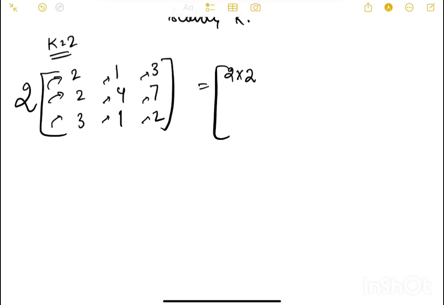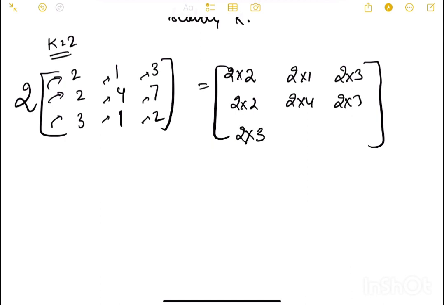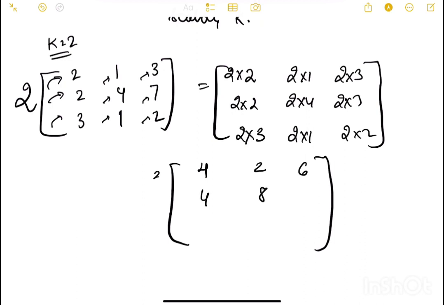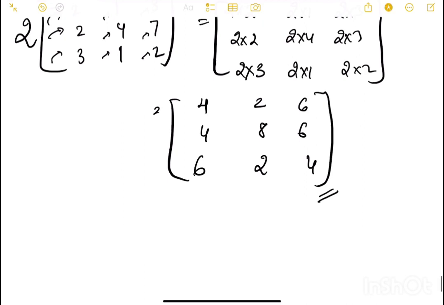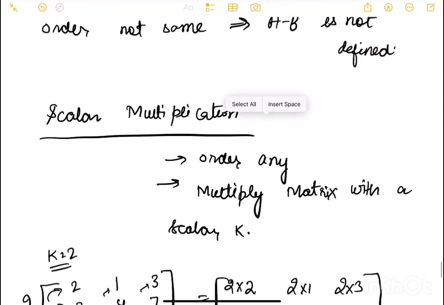That will be 2 cross 2, 2 cross 1, 2 cross 3, 2 cross 2, 2 cross 4, 2 cross 7. I hope you are getting it. Now we'll apply our basic arithmetic: 4, 2, 6, 4, 8, 14. So we just multiply each element by the scalar. This is what we mean by scalar multiplication.